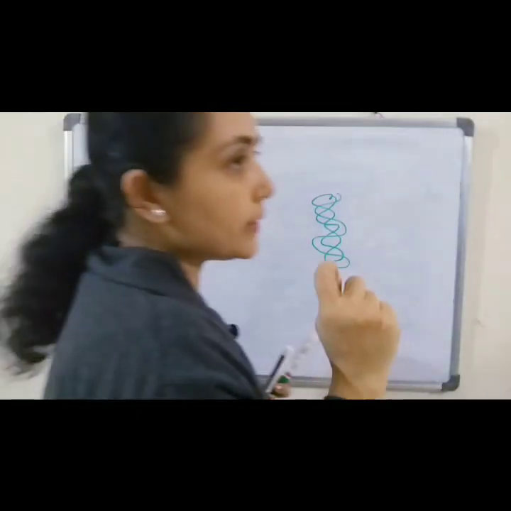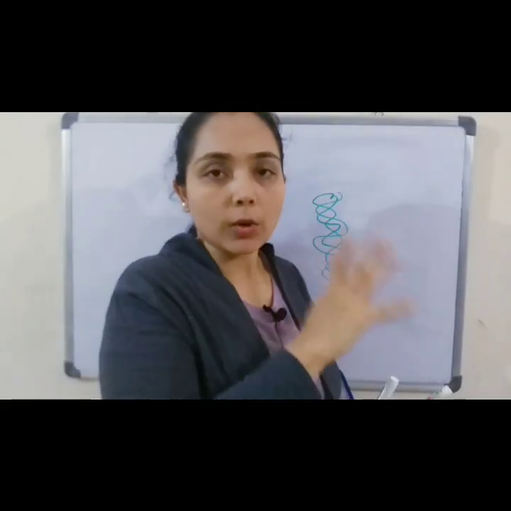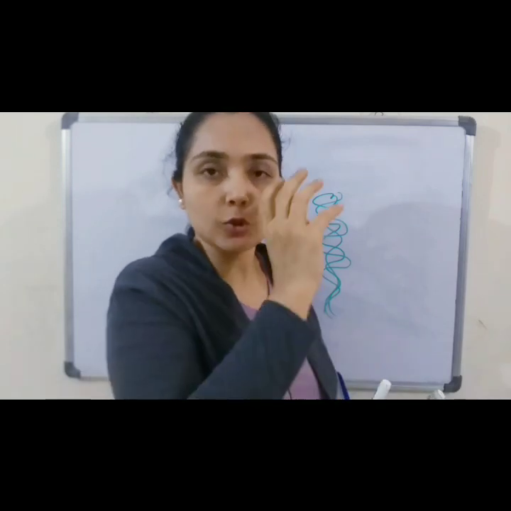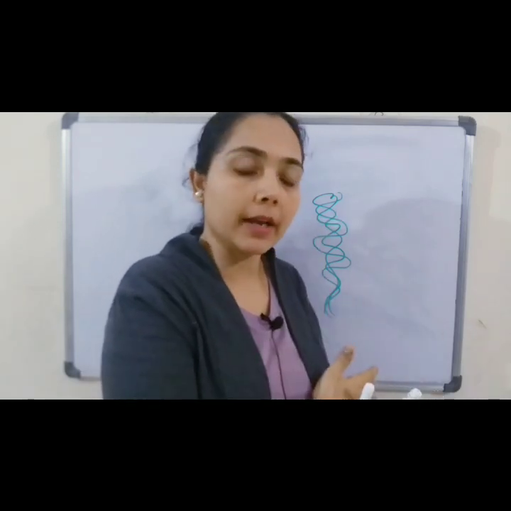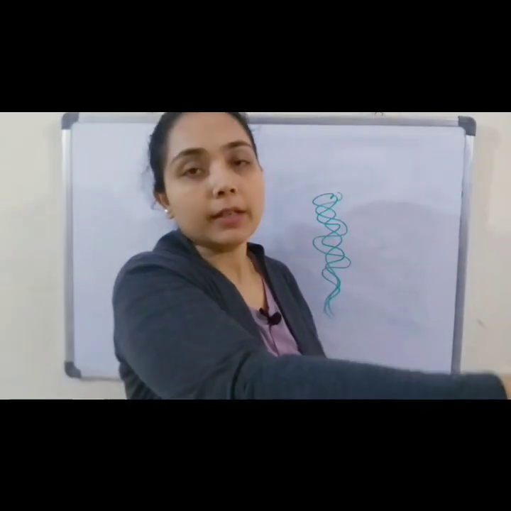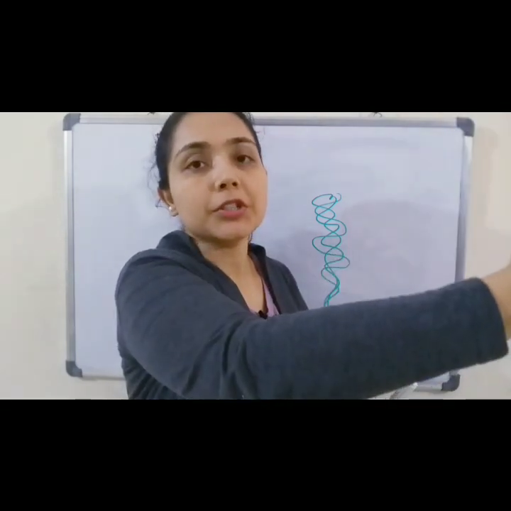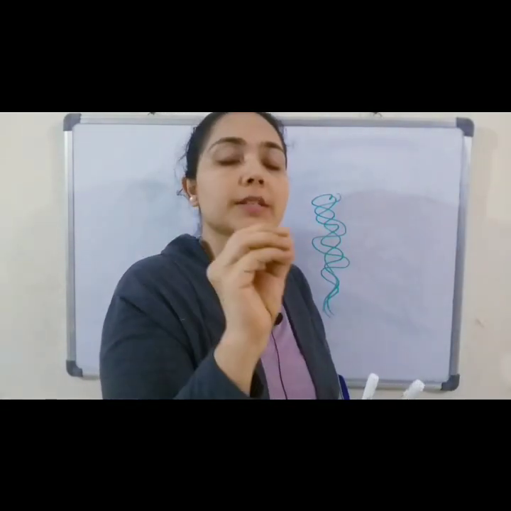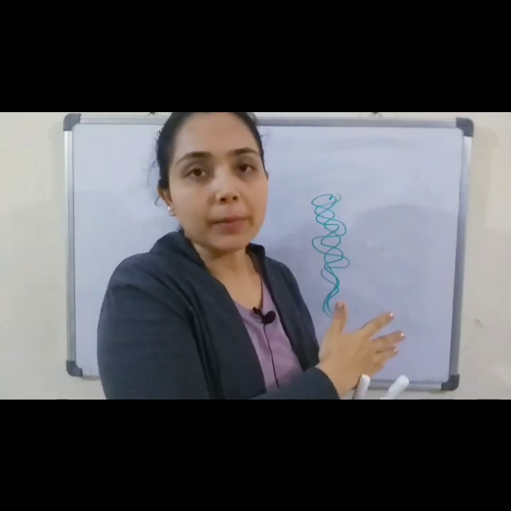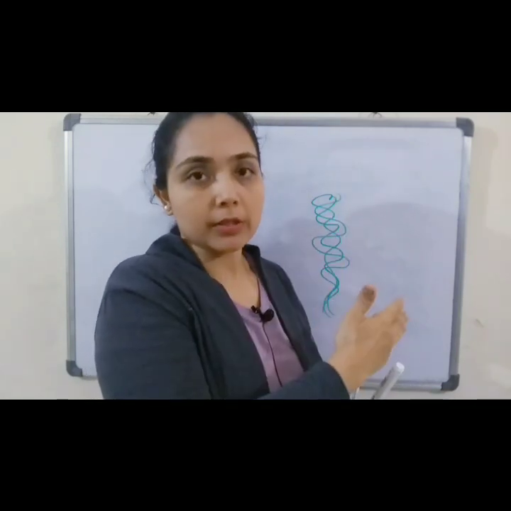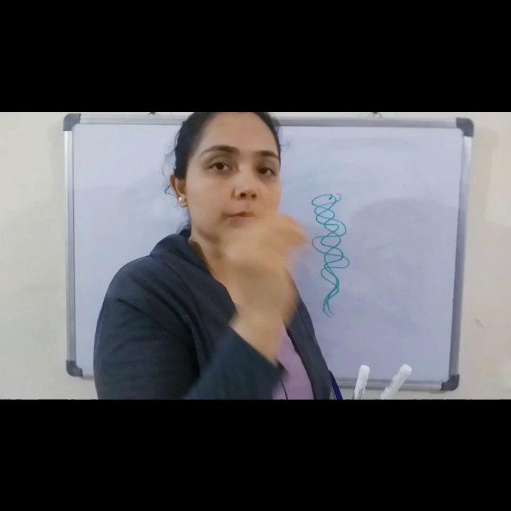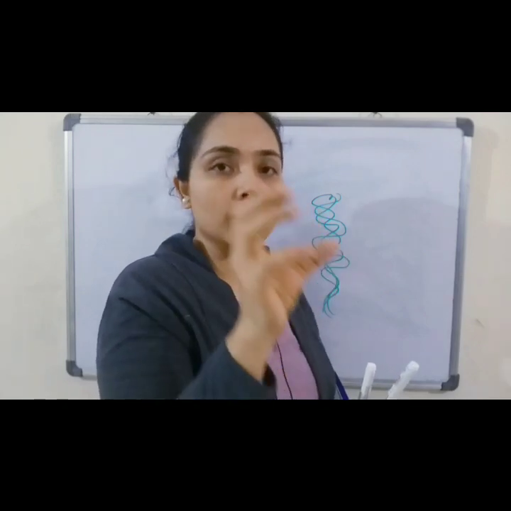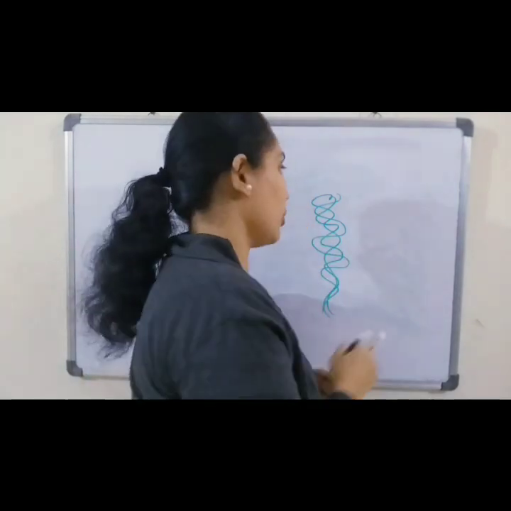Now we will see how the structure of this collagen triple helix is stabilized. The collagen triple helix is a secondary structure. Like the other secondary structures we discussed, such as the alpha helix and beta pleated sheet, which are stabilized by hydrogen bonds, here also the main bond responsible for stabilizing the collagen triple helix is the hydrogen bond.